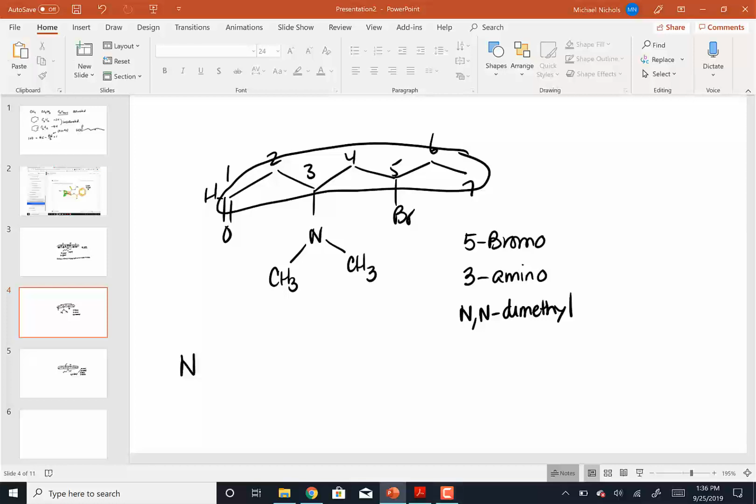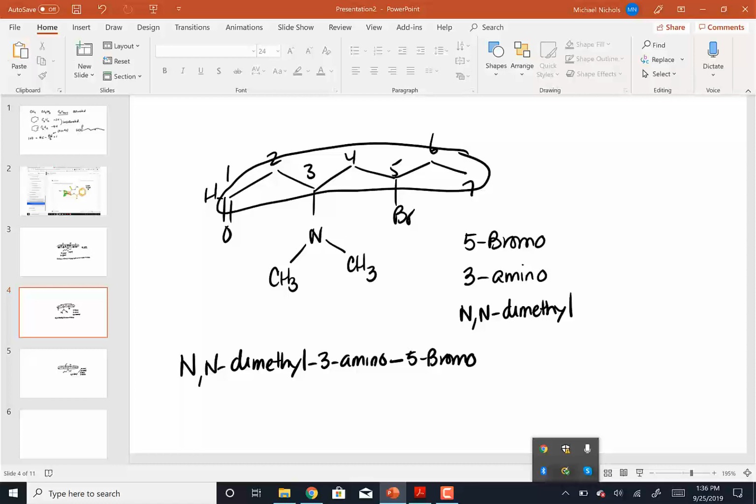So the beginning of the name here would be N,N-dimethyl. Where is the amino group, the nitrogen group attached? 3 amino. That beats bromo, so then a 5 bromo alphabetically. So we have an N,N-dimethyl, 3 amino, 5 bromo.